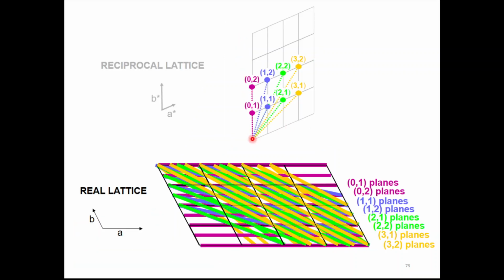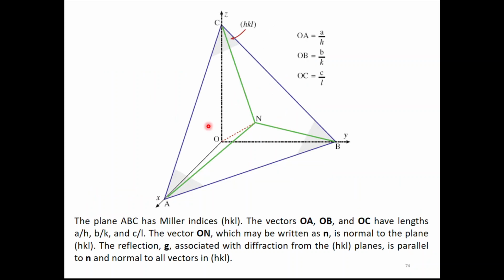Look, this 0 1 is a G vector which is perpendicular to these 0 1 planes. This 0 2 is another G vector perpendicular to this set of planes. This 1 2 is another G vector which is perpendicular to this set of planes 1 2. So generally we can say that a vector G will be perpendicular to its corresponding HKL planes.